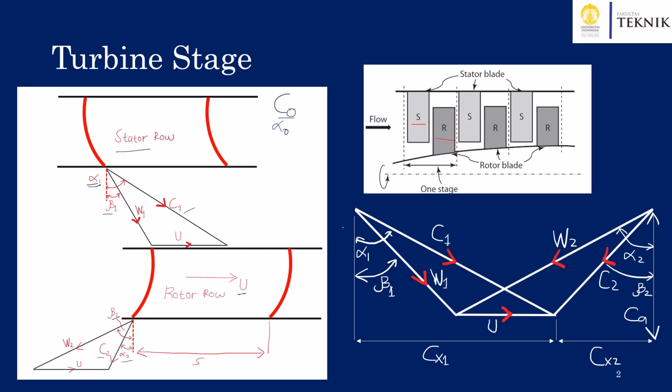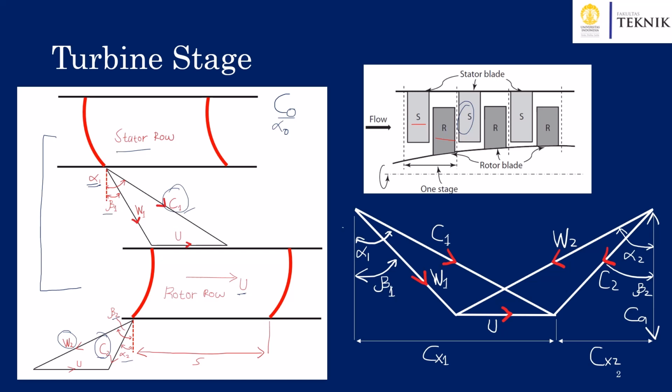As the air passes through the rotor blade, we can see that the absolute velocity from C1 before it enters the rotor will be reduced to C2, and also during this process, the pressure is decreasing. On the other hand, we see that the relative velocity is increasing as it leaves the rotor blade. Now we call this a single stage analysis for velocity triangle, and these conditions at the rotor exit will be the conditions for the inlet of the next stator blade.